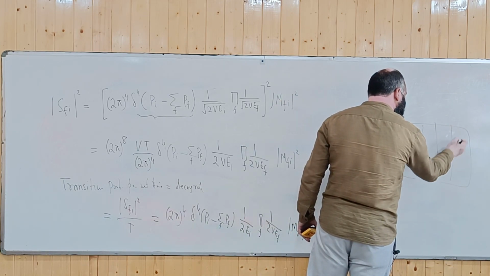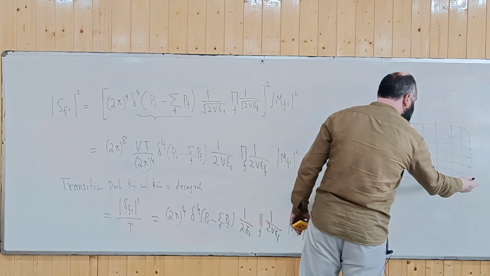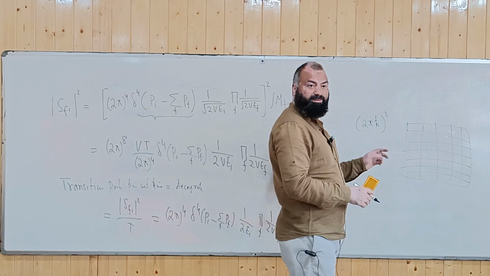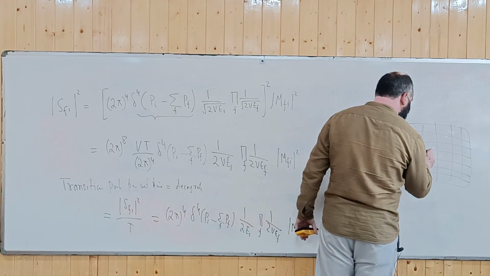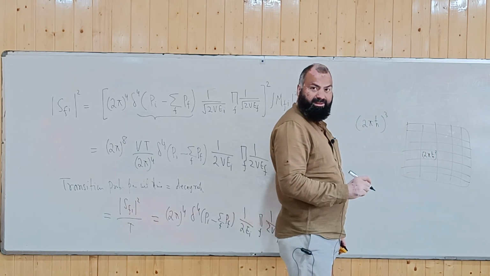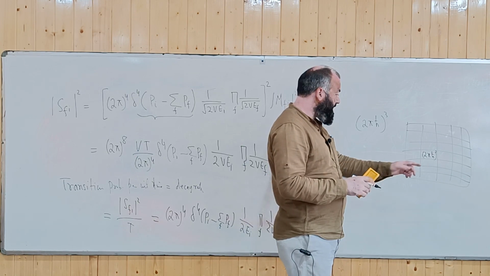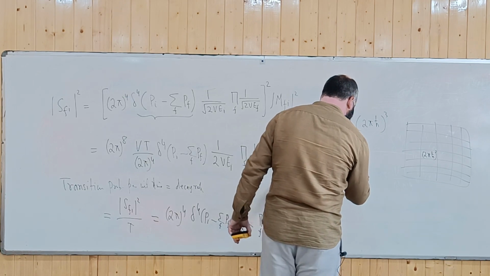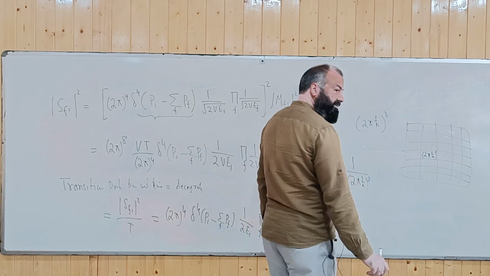You divide it into cells. Because we are in momentum space, the phase space is relevant. So you divide it into cells of volume h³. (2πħ)³ is the minimum volume we can have, and in that volume you put one particle. Each phase cell then contains how many particles? One particle. So that gives the number of particles per unit volume.